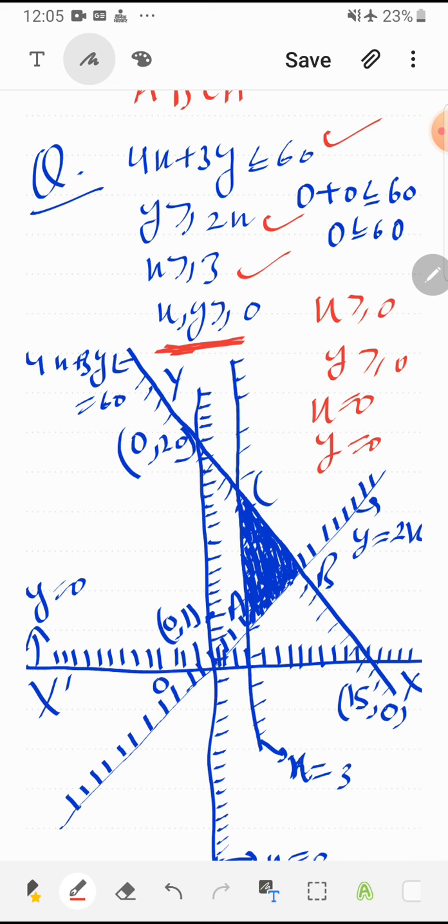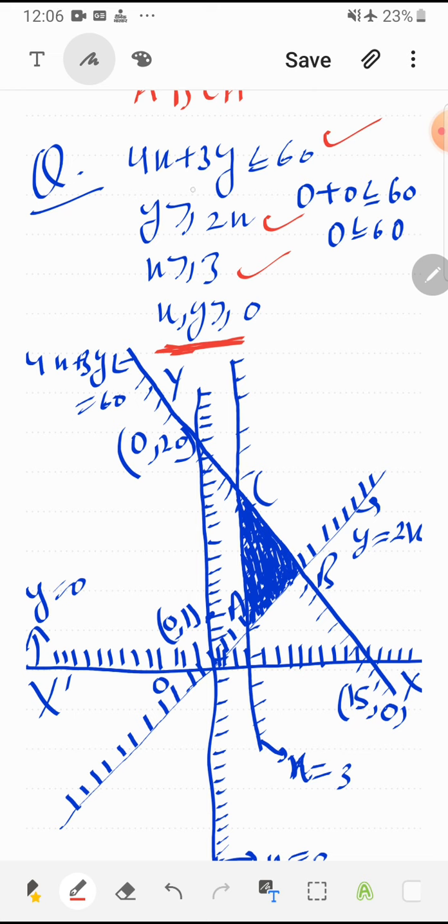This is the y axis and this is the x axis. These are already drawn, and both are greater than 0. That means shading will be done in the first quadrant only. The overall shading I am talking about, not individual line shading. Overall, the shaded region will be in the first quadrant.